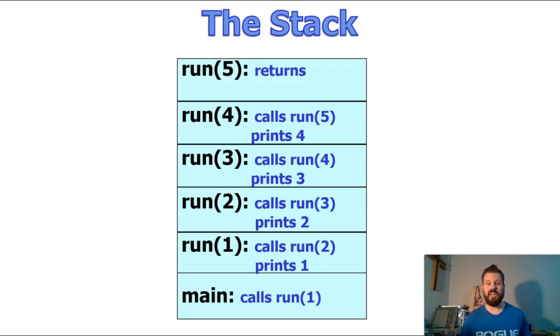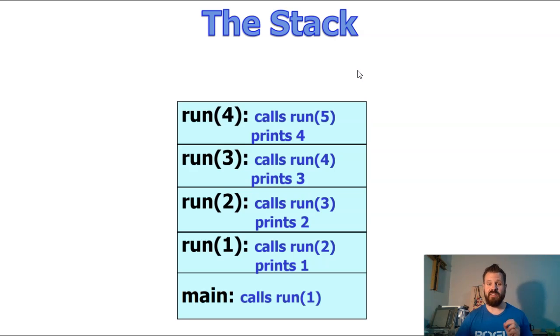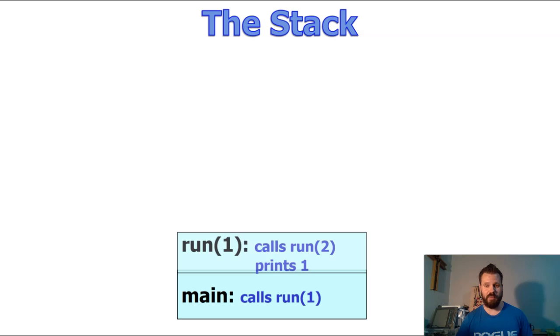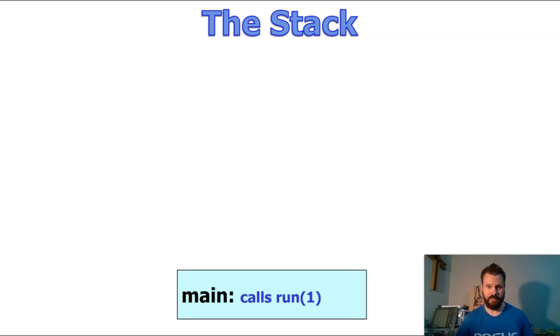The way we had that set up, run 5 is just going to return without printing anything. So once run 5 is done, we're done with this step in run 4. We'll print the 4. Run 4 is now complete, so we can do the last step of run 3 and print the 3, and on down the line. That's why that one prints in reverse order.